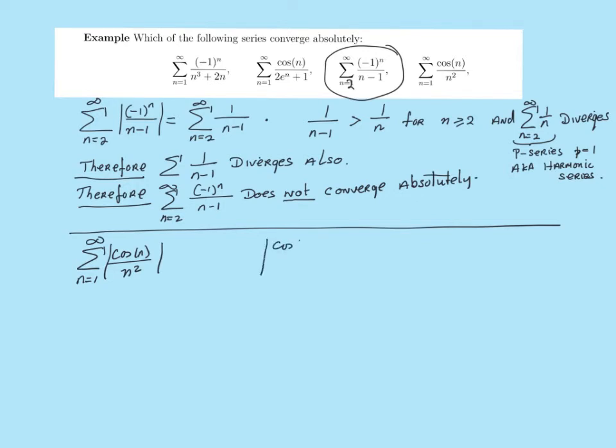Now, as before, we see the absolute value of cosine n is less than or equal to 1, so the absolute value of cosine n over n squared is less than or equal to 1 over n squared. And we know that the sum from 1 to infinity of 1 over n squared converges because it's a p-series with p equals 2.